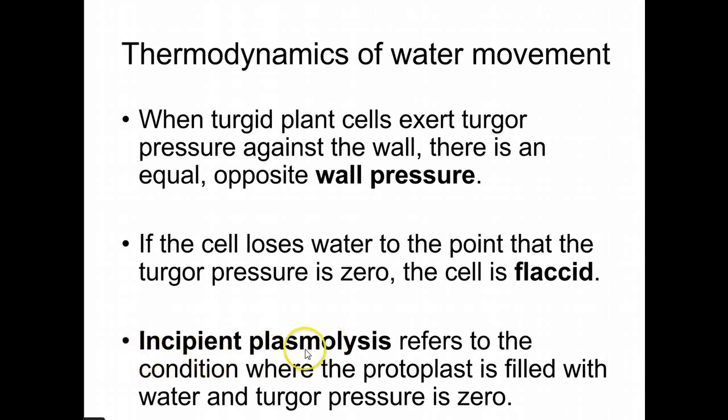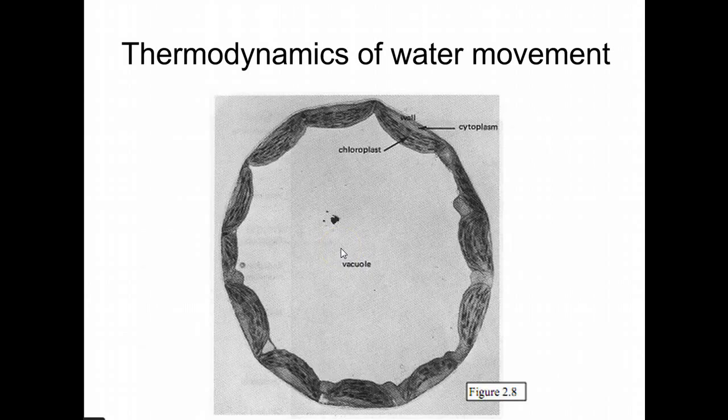Incipient plasmolysis is when the protoplast is just filled, completely full, so the balloon is filled with water and it's touching all of the sides of the box, but it's not producing any pressure. It's not used much anymore because we have better ways of measuring water potential.